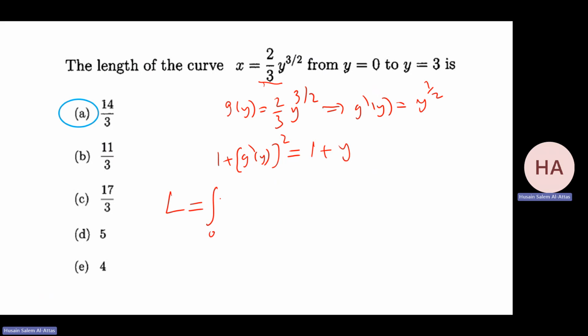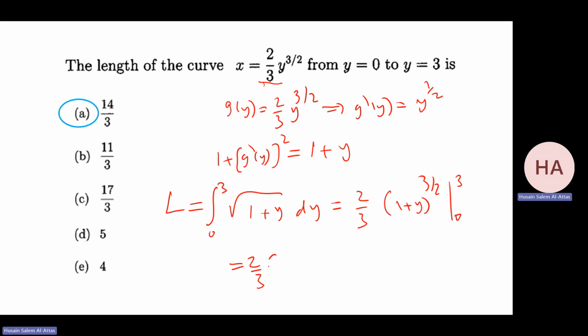So my L from 0 to 3 is the integral of square root 1 plus y dy. That will be 2 over 3, 1 plus y to the power 3 over 2, from 0 to 3. That gives me 2 over 3 of 1 plus 3, which is 4, square root 2, 8, minus 1. That will be 14 over 3, which is this.